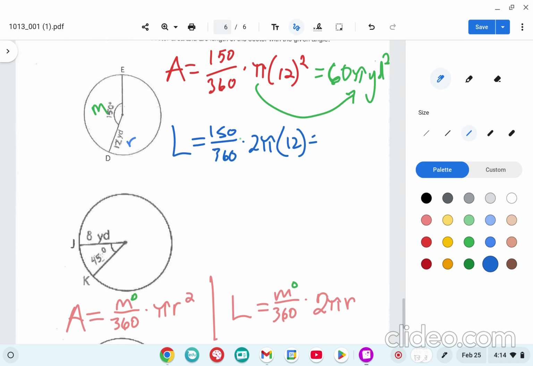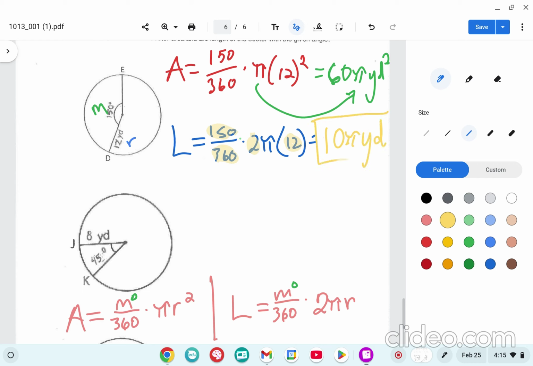I wanted to show you real quick how these highlighted items are the things you're actually calculating. I'm not doing anything with pi. And the result is 10 pi yards. That's the result you get when you divide 150 by 360 times 2 times 12, and you bring the pi over. That is the arc length.